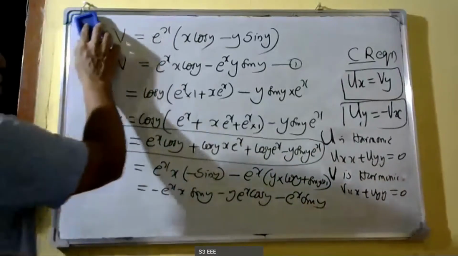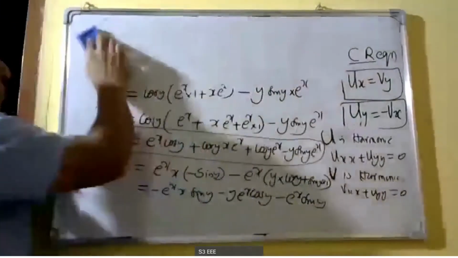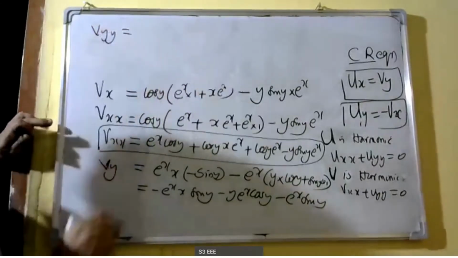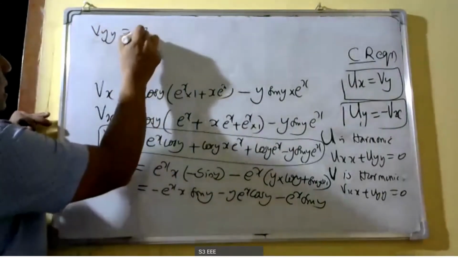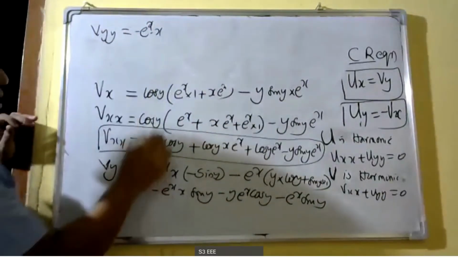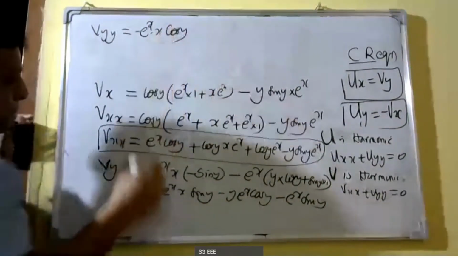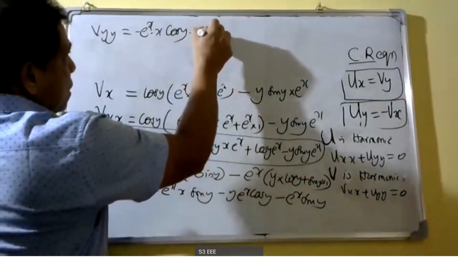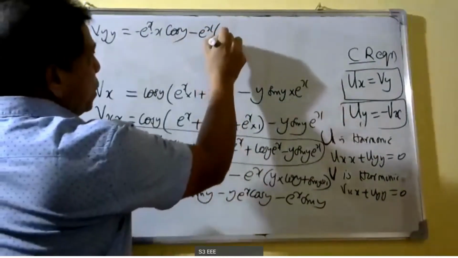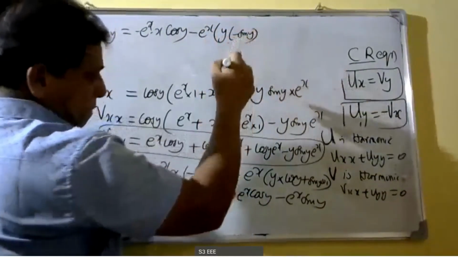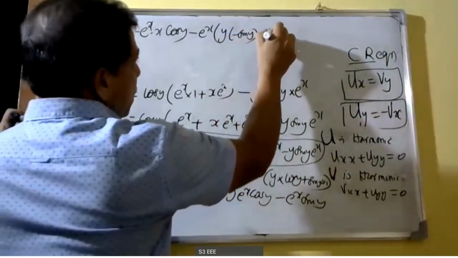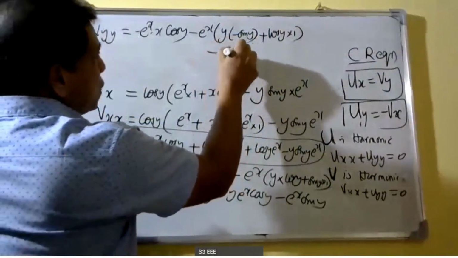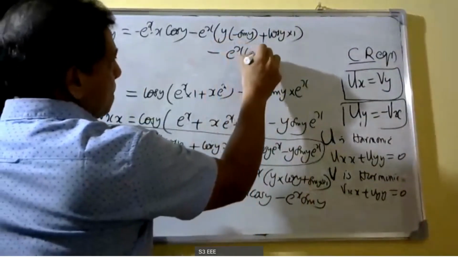Again, we differentiate Vy with respect to y. In the first case, minus e raised to x into x is constant, sin y gives cos y. Then here e raised to x is constant. Y cos y: y into minus sin y plus cos y into 1, minus e raised to x into sin y gives cos y.